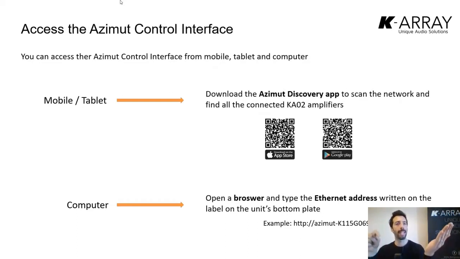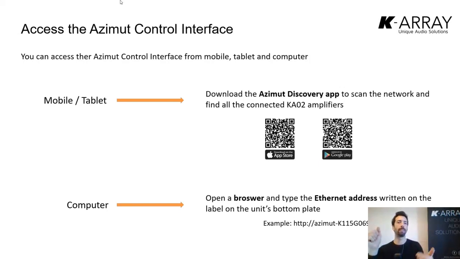When you open this app, the app will automatically scan the network, trying to find all the K802 amplifiers that you have in that network. Maybe you have 10 of them, because maybe you have a big restaurant and you have 10 rooms, and in each room you have one of these amps, and they are all in the same network because they are all connected to the same switch and to the same router.